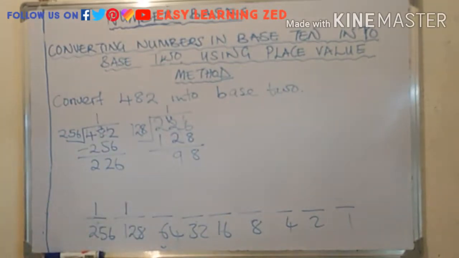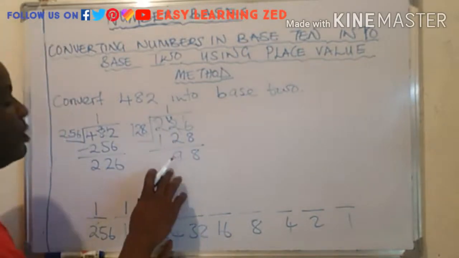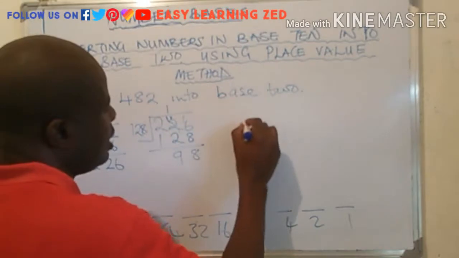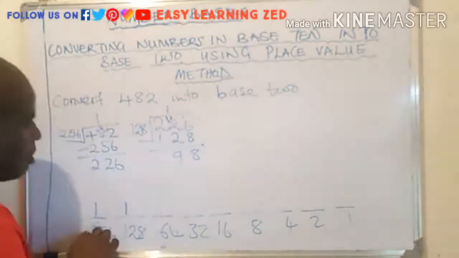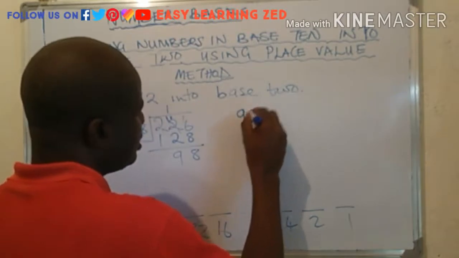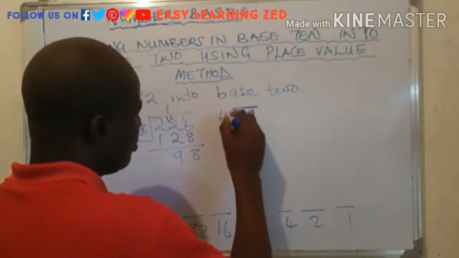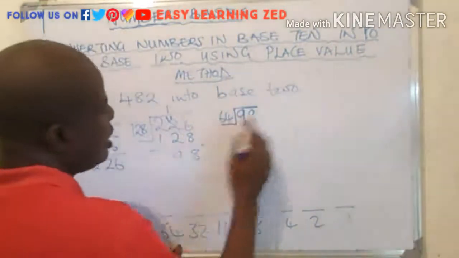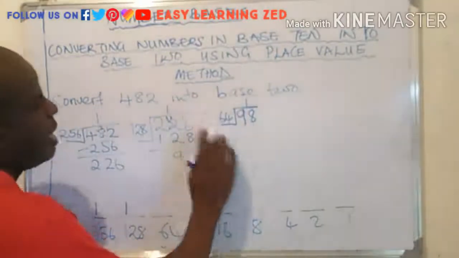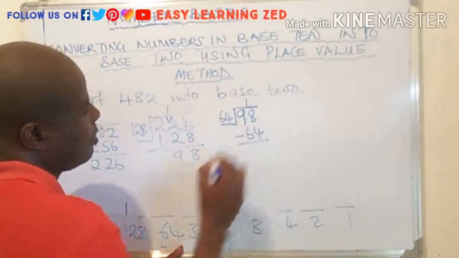So we are going now to divide 98 by 64. How many times can it go? We are saying 1 time. 1 times 64 is 64.